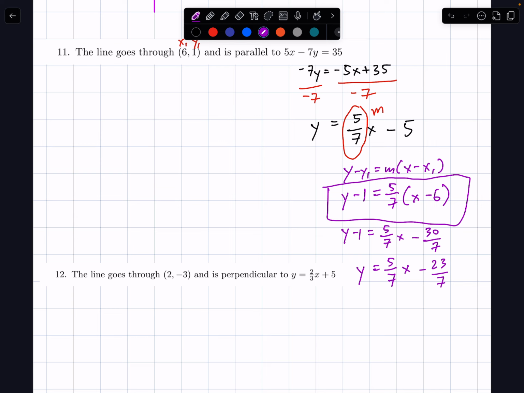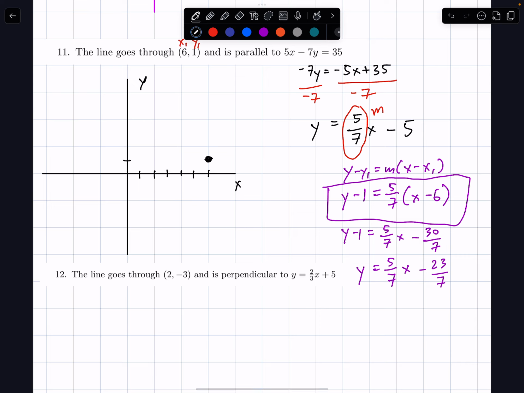Okay, so that's slope intercept form, but that's not very nice to graph. So for graphing purposes, I'm gonna go back to this guy. And what was my point? (6, 1) is my point. So here's x, here's y. 1, 2, 3, 4, 5, 6, 1, right there.